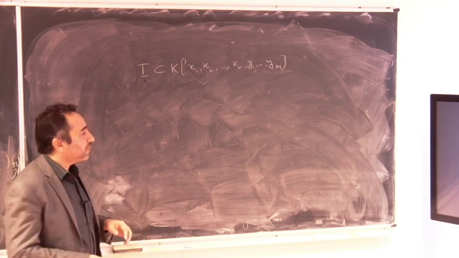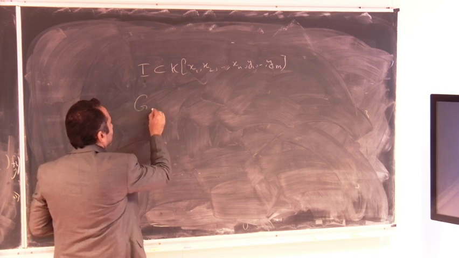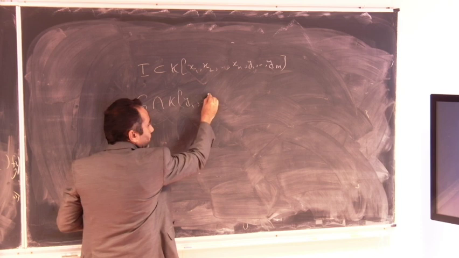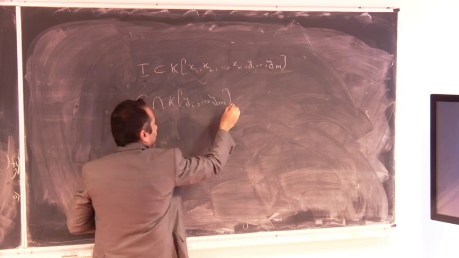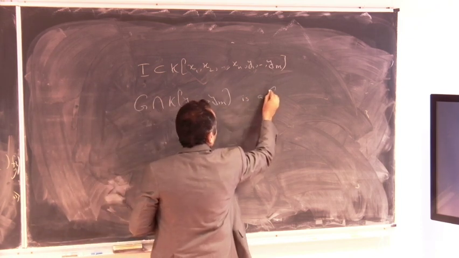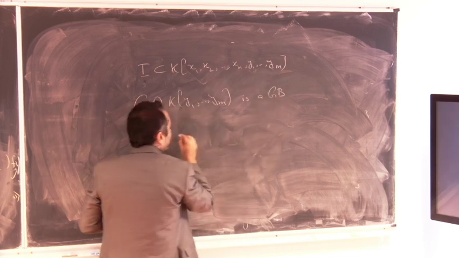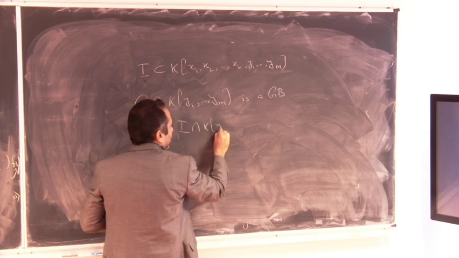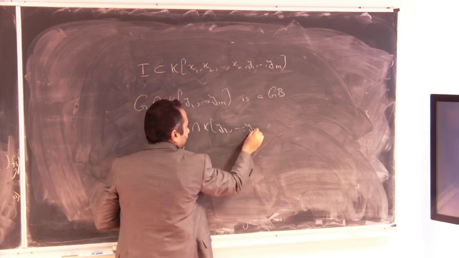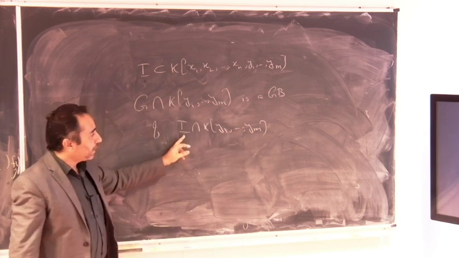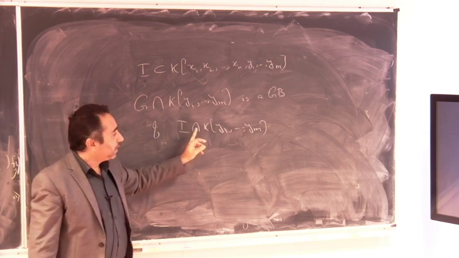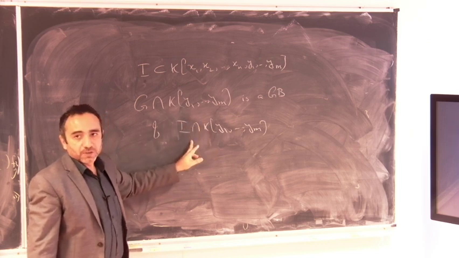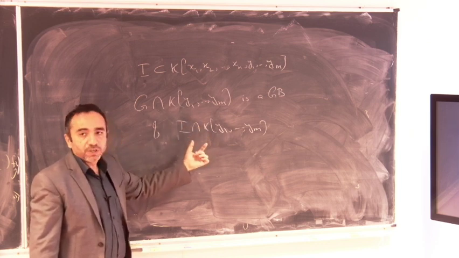Okay, and when we say that G intersection K of y1 up to ym is a Gröbner basis of I intersection K of y1 up to ym, that means we are eliminating these x variables from that ideal I. So I intersection K of y's means we are having only y variables.